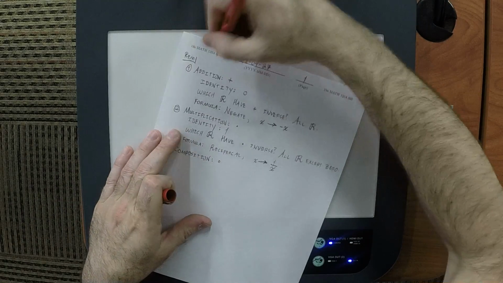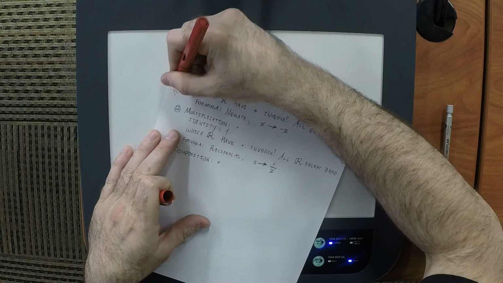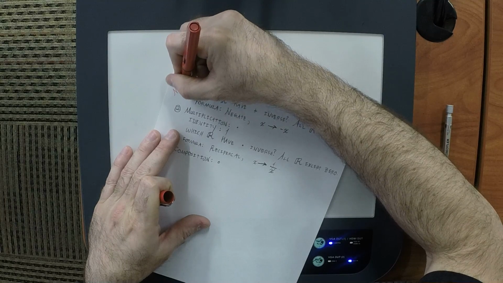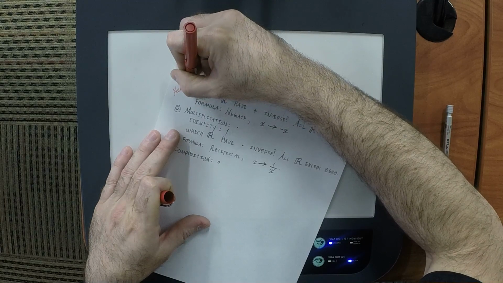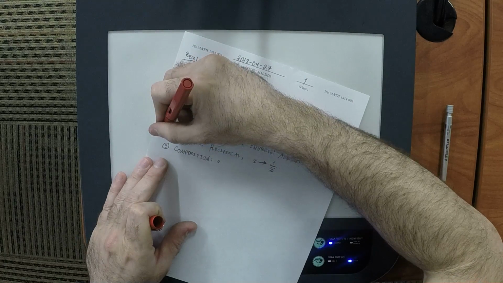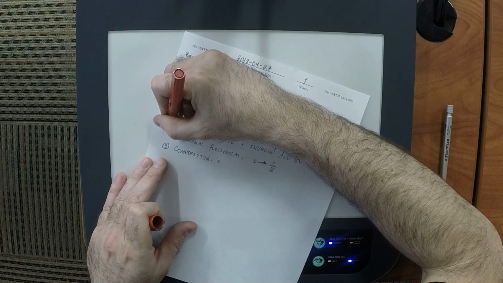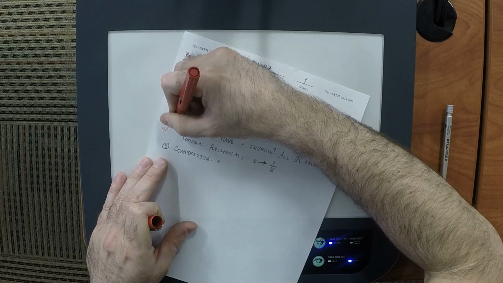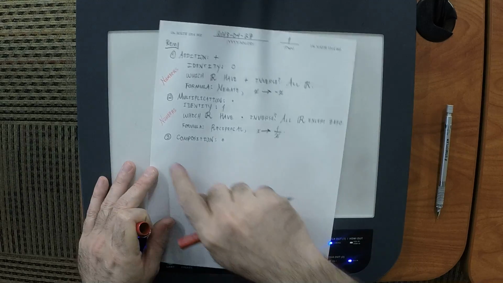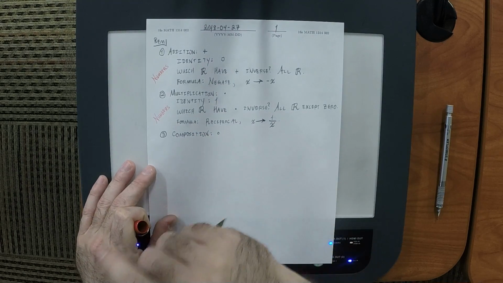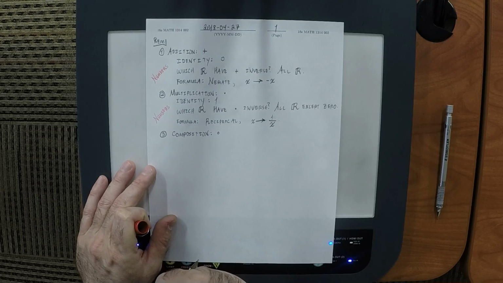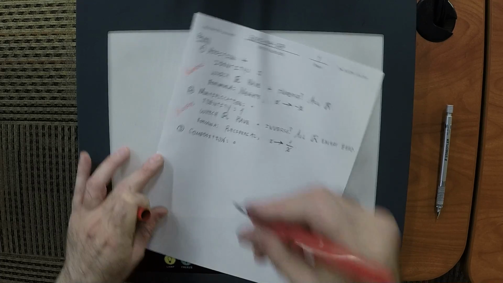So up here, when we're talking about addition, the kinds of things that we're talking about are real numbers. And here, when we're talking about multiplication, the kind of thing that we're talking about is numbers. But here, when we're talking about composition, what kind of things are we talking about? Functions.